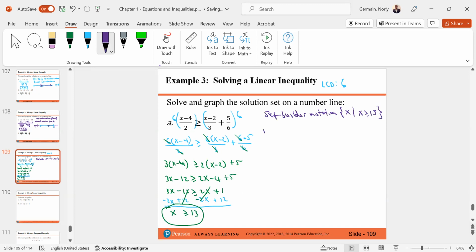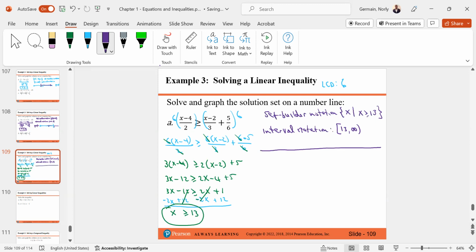And we have interval notation. For interval notation, it would be greater than, we have 13 to infinity. Okay, and now we have the graph. We can do the graph also.